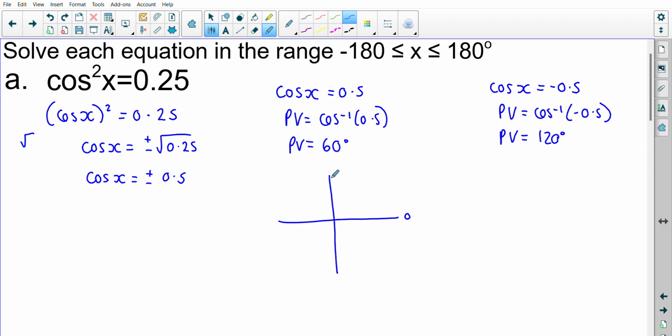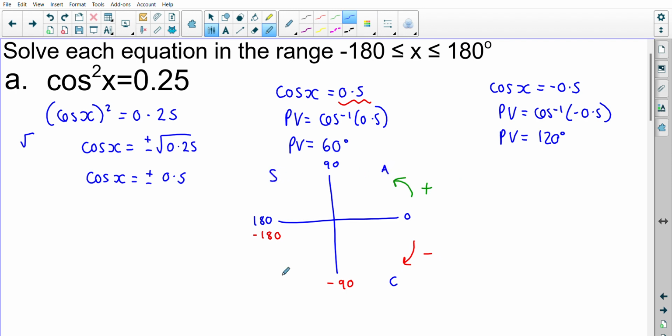Looking at the range, I'm only going to be going between 180 and 0 and then 0 and minus 180. So I'll go that way for positives and that way for negatives. Right, I'm going to think about this up here. 0.5, so where is cos positive?